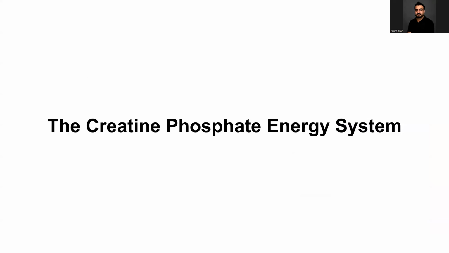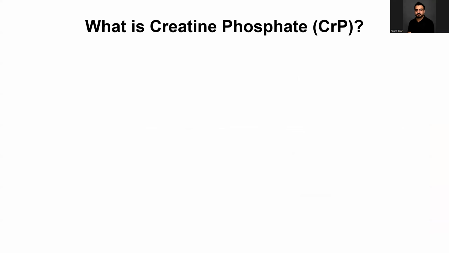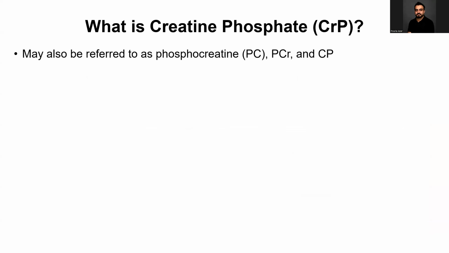So let's talk about the first energy system, the creatine phosphate energy system. What is creatine phosphate or CRP? You might see different acronyms for creatine phosphate. Sometimes it's called PC, PCR, and CP.